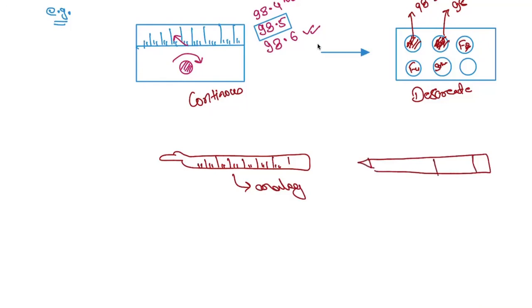But here the measurement is 23.5, something like this, right? It is digital. What is the difference between both of them? One can have multiple values. The other can have only discrete values. Everyone got the idea? What is digital electronics? Yes. Which one is better, analog or digital?